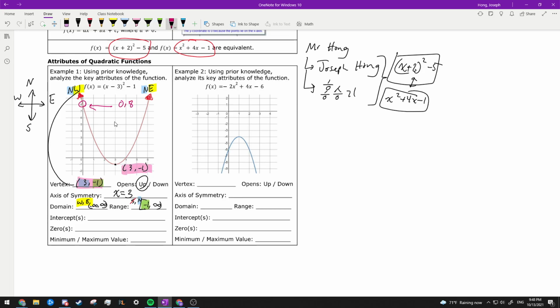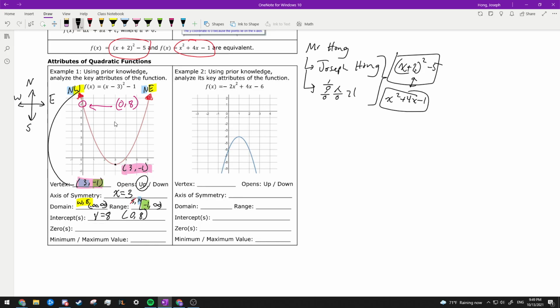When I talk about the y-intercept, I don't want to write it as an ordered pair. I want to write it as y equals 8. You could write it as 0, 8, but it's more widely approved that you write it as an equation.